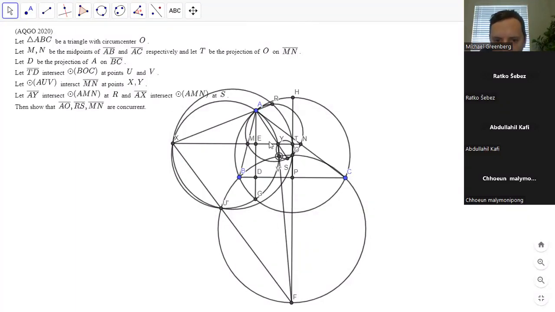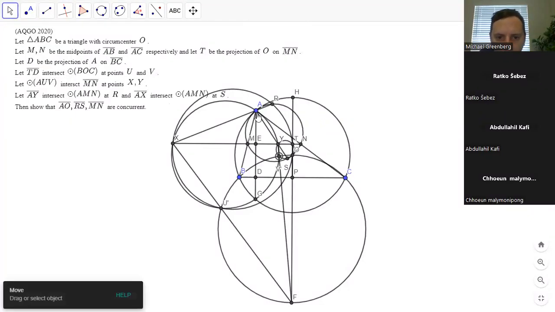So this would be YTOS, and the other would be XTOR. And we let U prime and V prime be the intersections of those circles. And then we want to show TV prime and V are collinear. And then similarly, TU prime and V would be collinear. So now we can do angle chases.